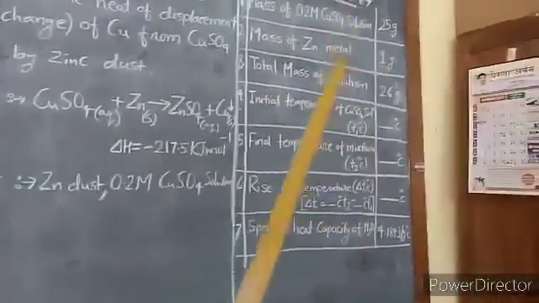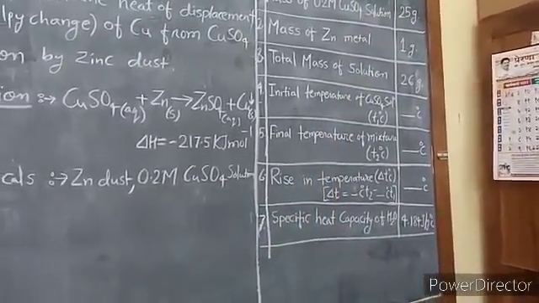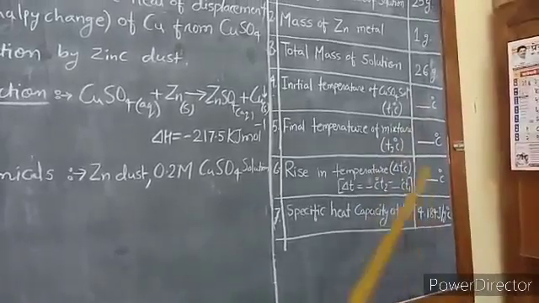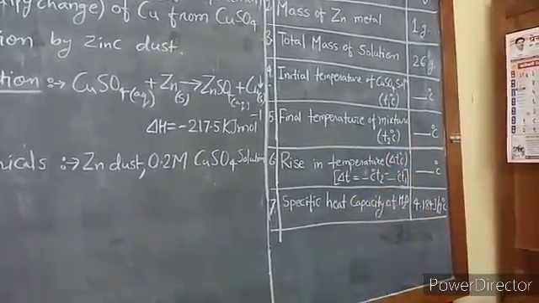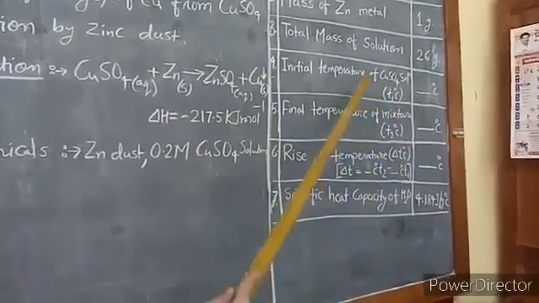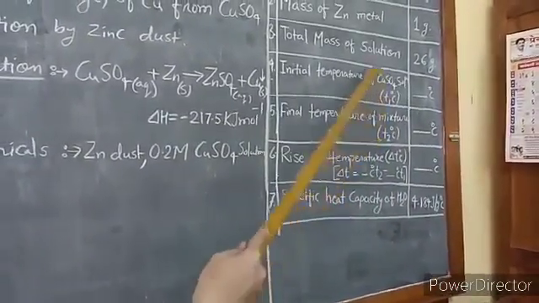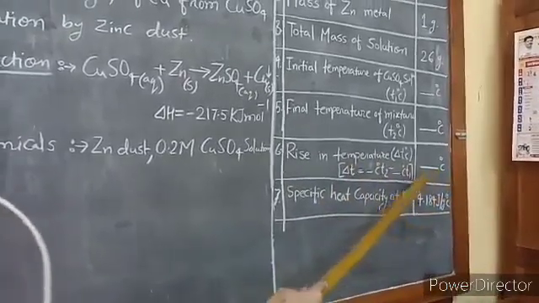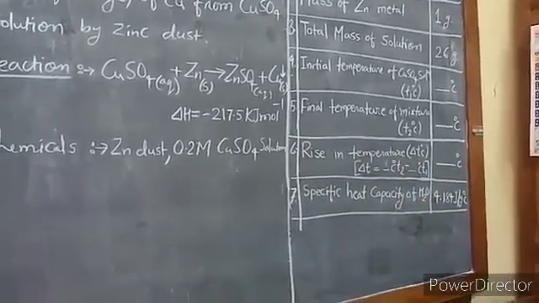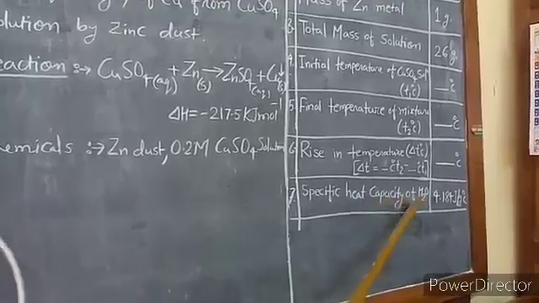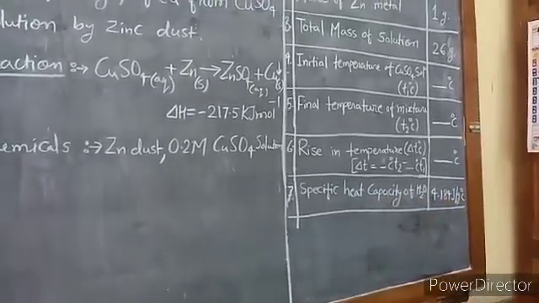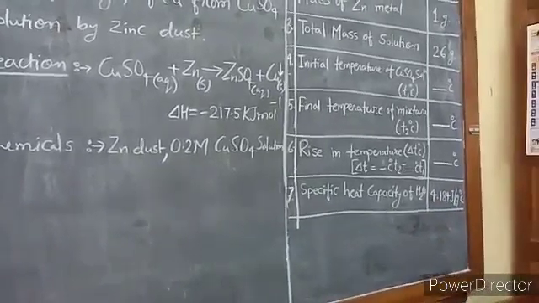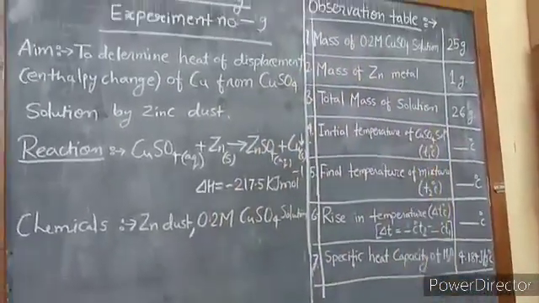During stirring, the thermometer should be inside the polythene bottle, and the final temperature you determine will be T2 degree Celsius. Then the rise in temperature is T2 minus T1, that is delta T. The specific heat capacity of water is 4.184 joule per gram degree Celsius. So this is the observation table.